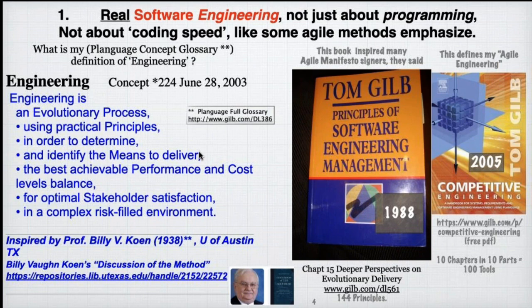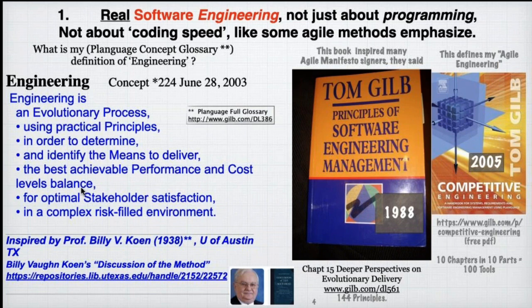That's the stuff we deliver to get better at our values, our stakeholder values, our qualities, our objectives. And it means to deliver the best achievable performance. Now, in systems engineering, performance includes all qualities like usability, technical debt, things like that, security, and cost levels.